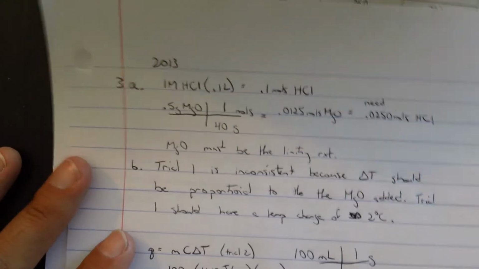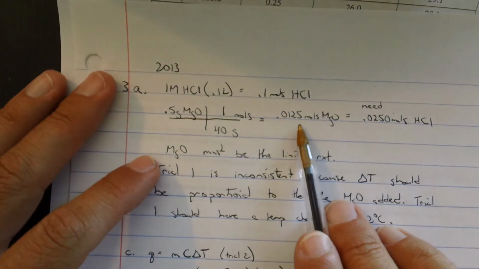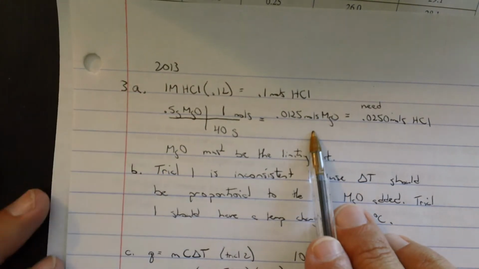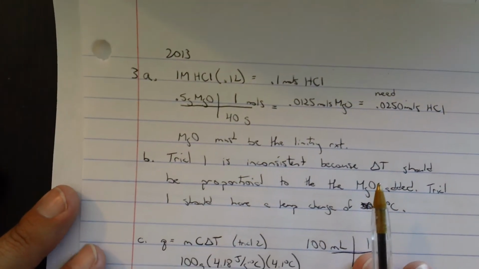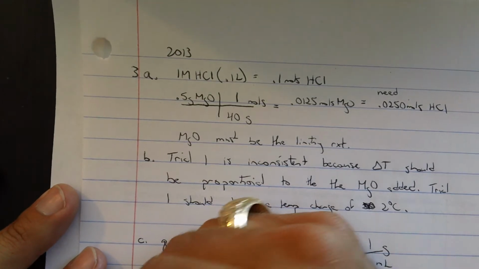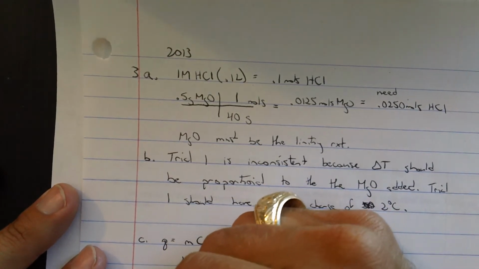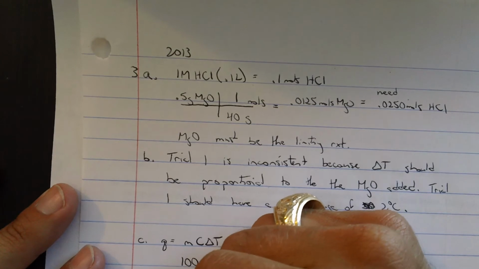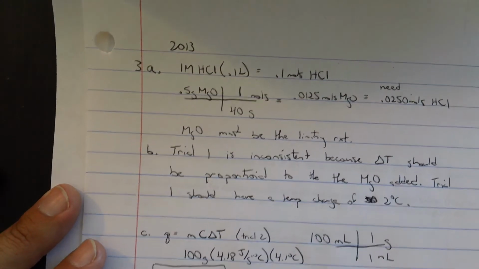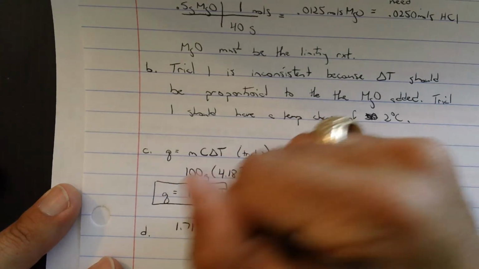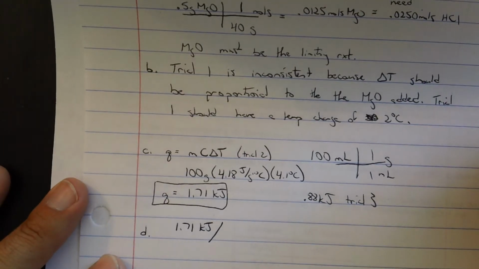This is why it was so nice that we calculated the moles of the magnesium oxide here, because all we have to do then on part D is take our kilojoules, our 1.71 kilojoules, that's how much we got for half of a gram, and now we want to do it per mole.